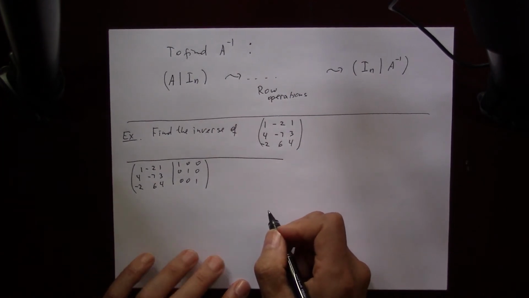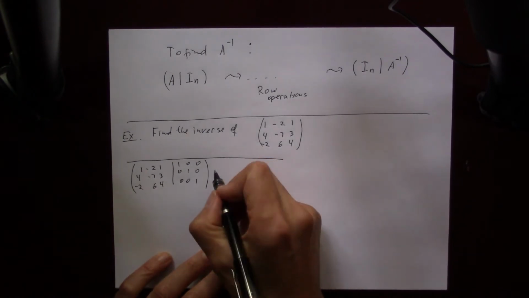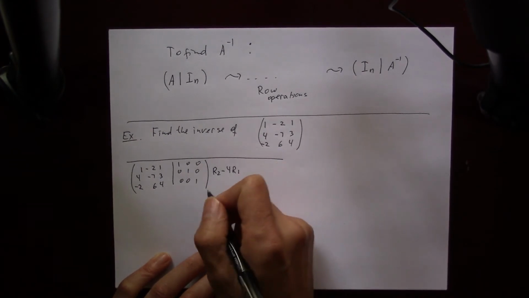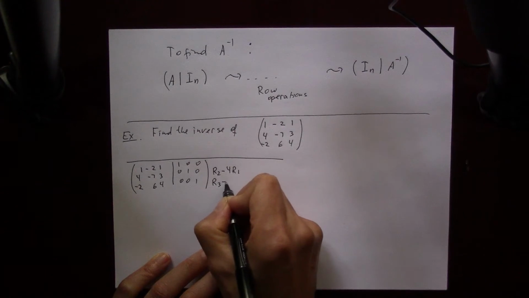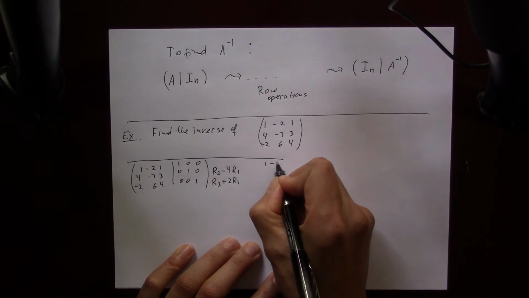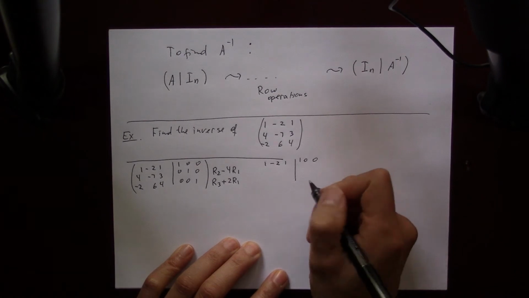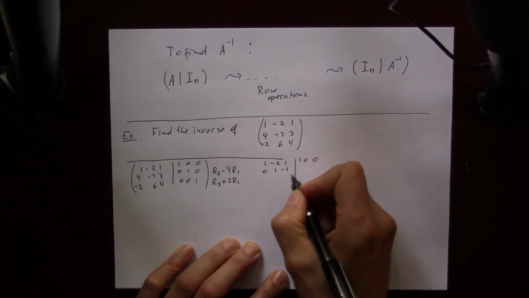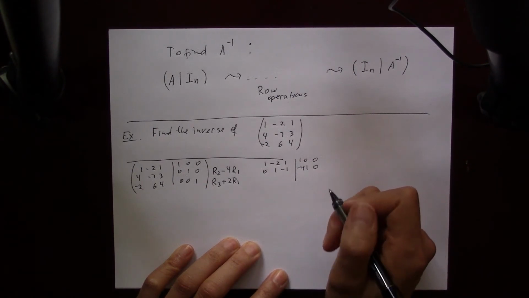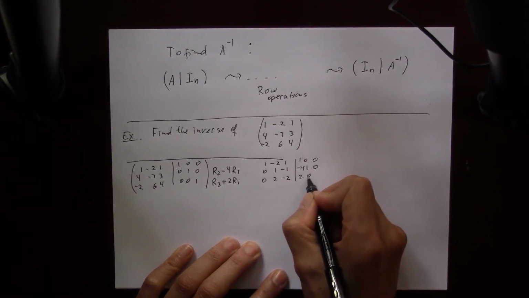Then we want to get, firstly, echelon form. So we do row 2 minus 4 row 1 and row 3 plus 2 row 1. If we do that, we get 1, minus 2, 1, 1, 0, 0. Row 1 is not changing. Row 2 is 0, 1, minus 1, negative 4, 1, 0. The third becomes 0, 2, minus 2, 2, 0, 1.